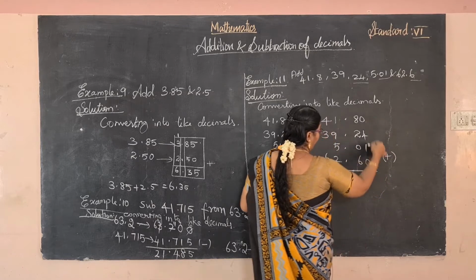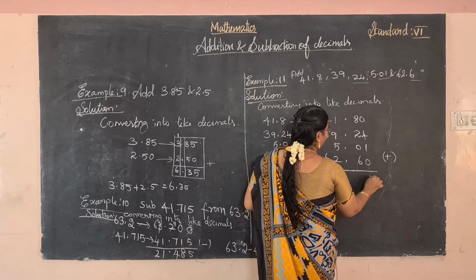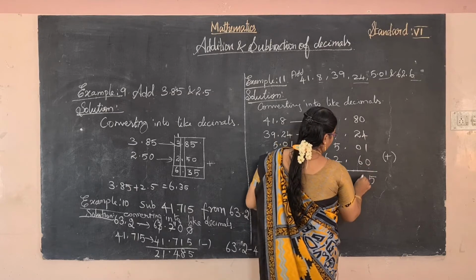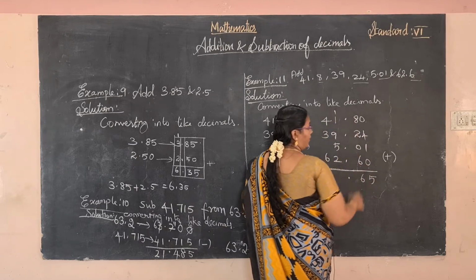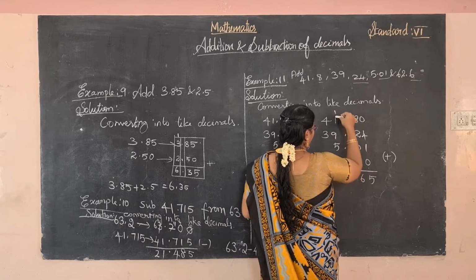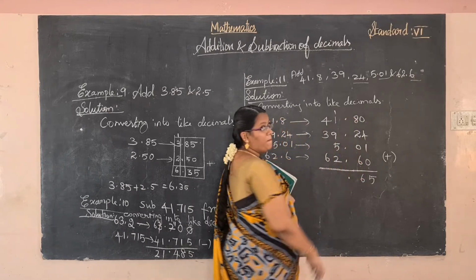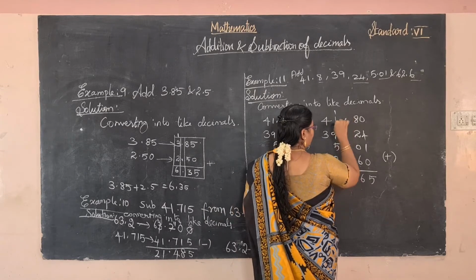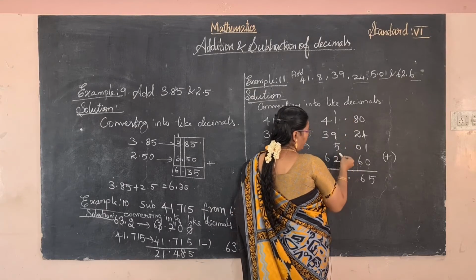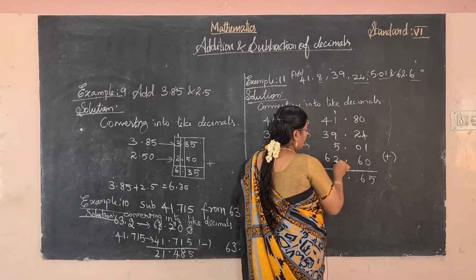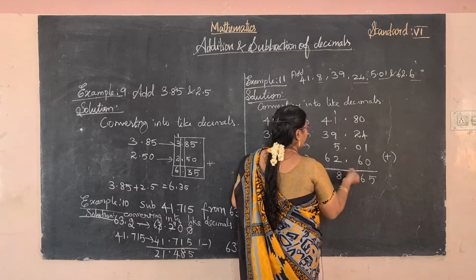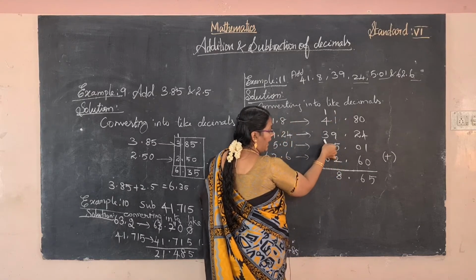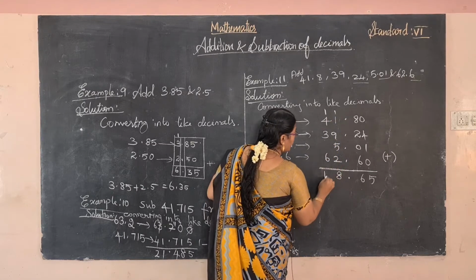Now add: 4 plus 1 is 5. Here 8 plus 2 is 10, 10 plus 6 is 16. Carry forward 1 into the ones place, that is the whole number part. So 1 plus 1 is 2, 11, 16, 18. Remaining 1, 5, 8, 6, 14.